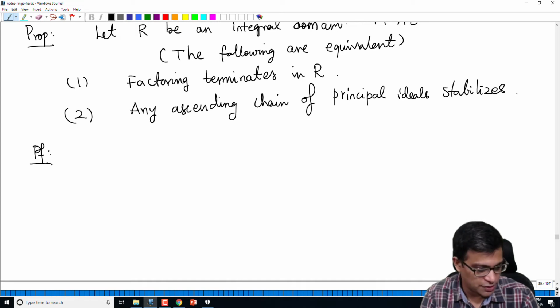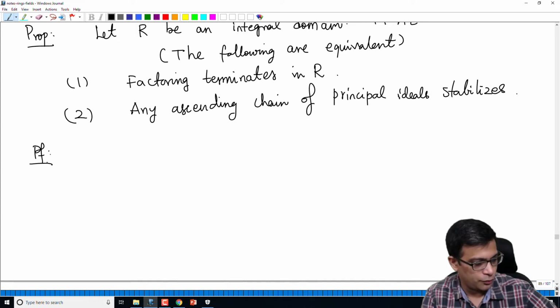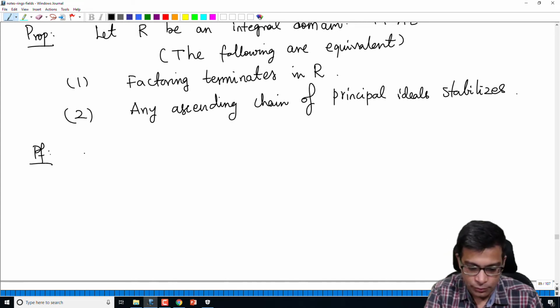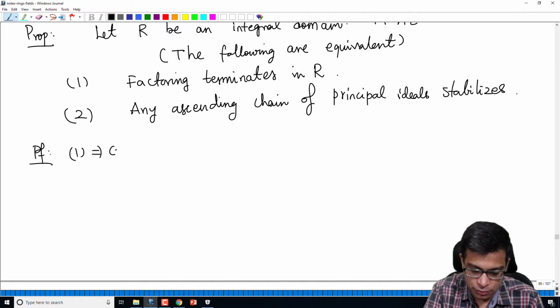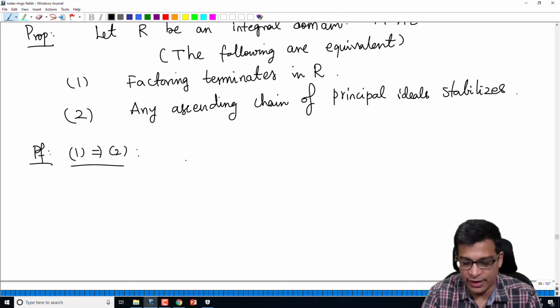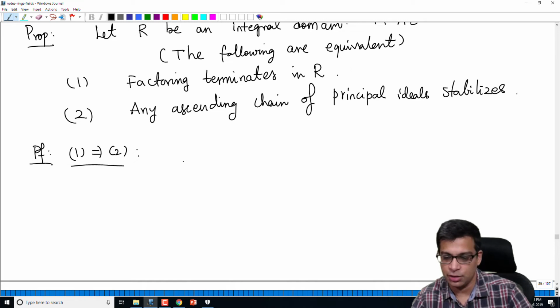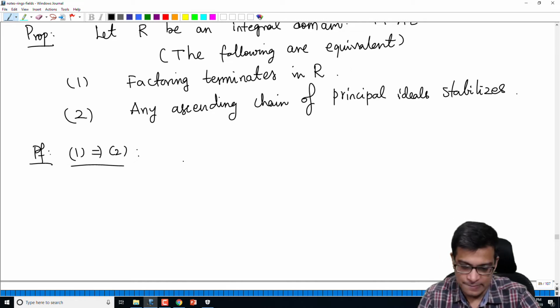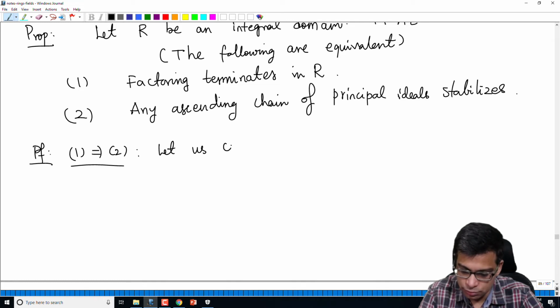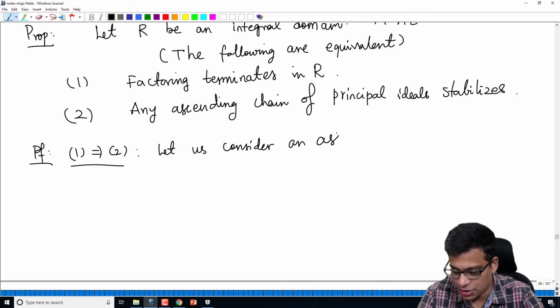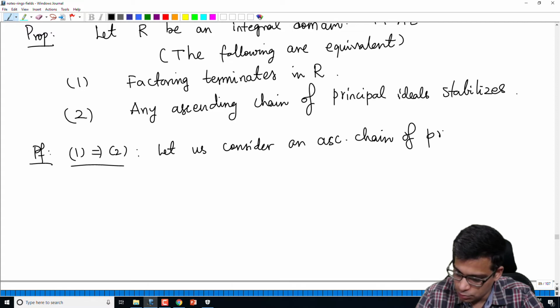So let's prove this. It is very simple. Let's prove 1 implies 2. Suppose factoring terminates in R, and let us take an ascending chain of principal ideals.